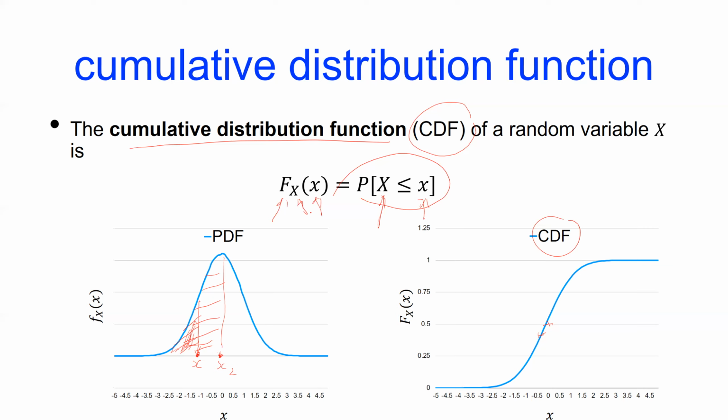Any questions? Again, this is important, but probably confusing. Just remember: if you have a PDF, I can translate it to a CDF. What I need to do is pick a value, then count the area to the left. Then I get a point here, and a point here, so you can plot your CDF.